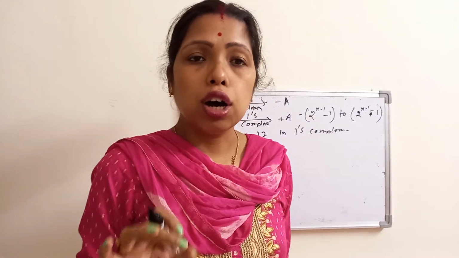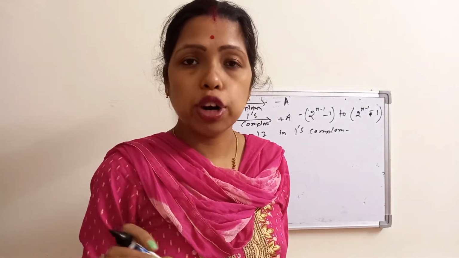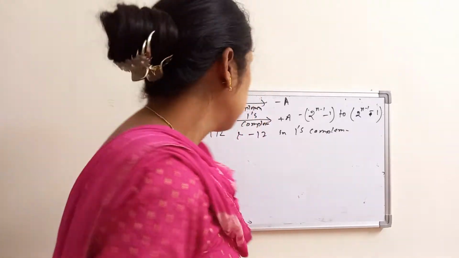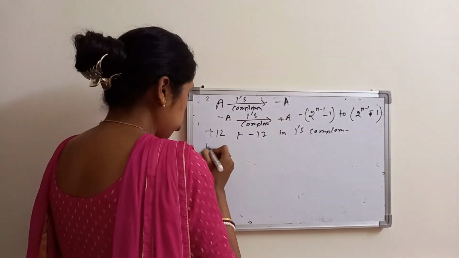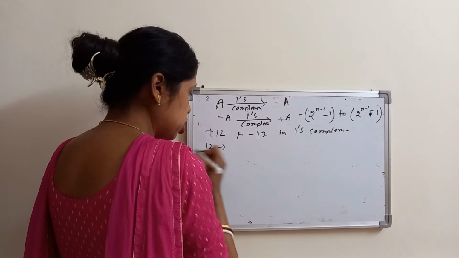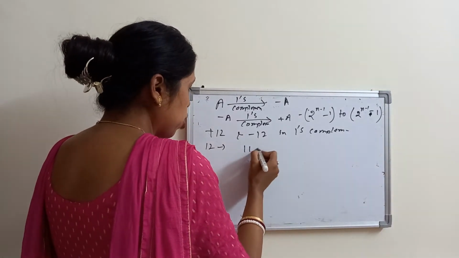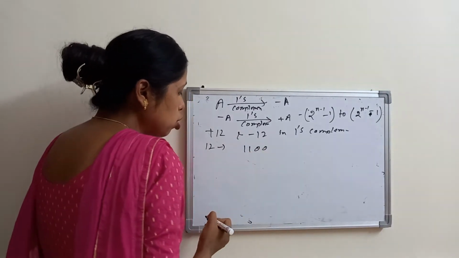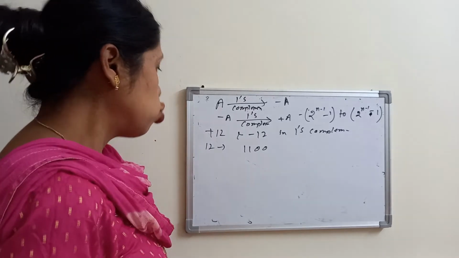I have to consider the MSB. First, what is the binary number of 12? That is the procedure. 1100 is the binary number of 12.